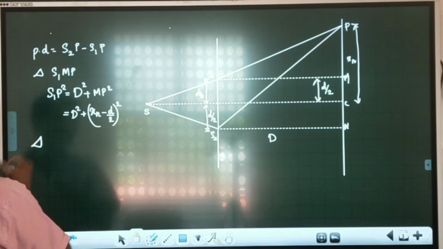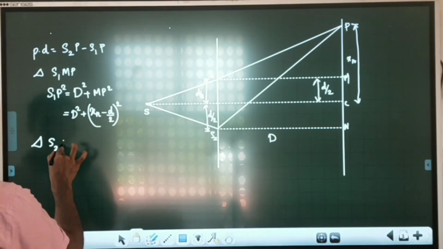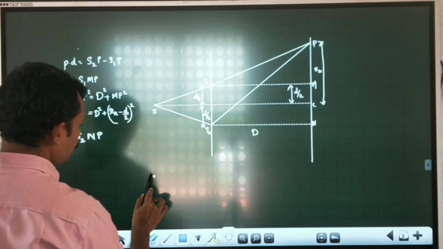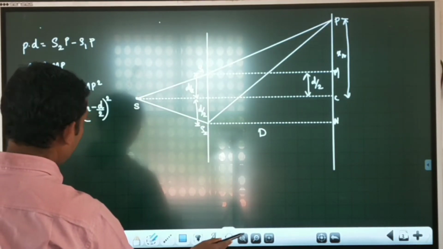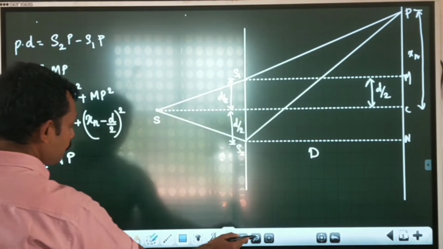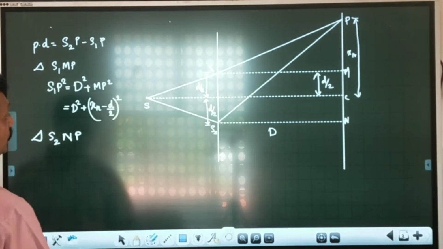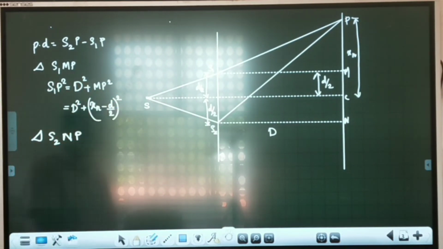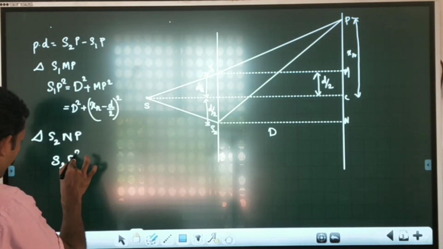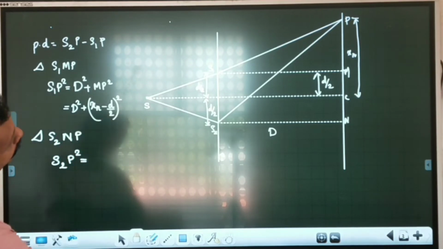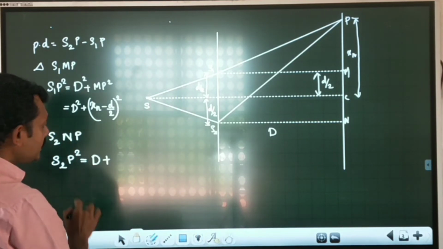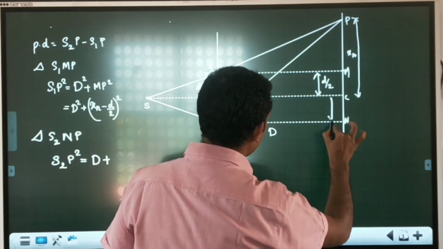Now consider the triangle S2NP. We can see that S2P square is equal to S2N, that is D, plus in the similar way this much is again d by 2.